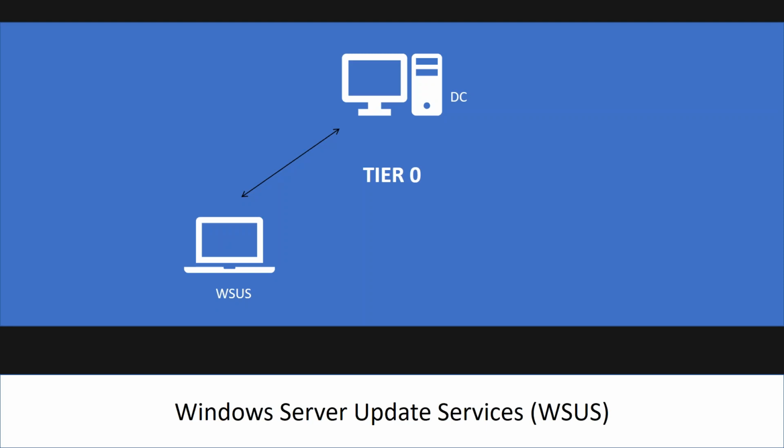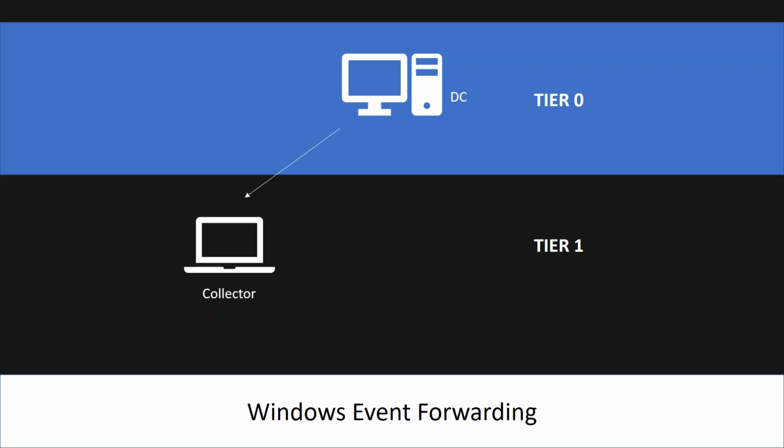So here you can see again that we've got a Windows Server update server dedicated for the job of updating your domain controllers. Because it has control over the DC, it should also be put into the same tier and secured to the same standard as your domain controllers. And those updates can then happen without you having to worry too much about security.